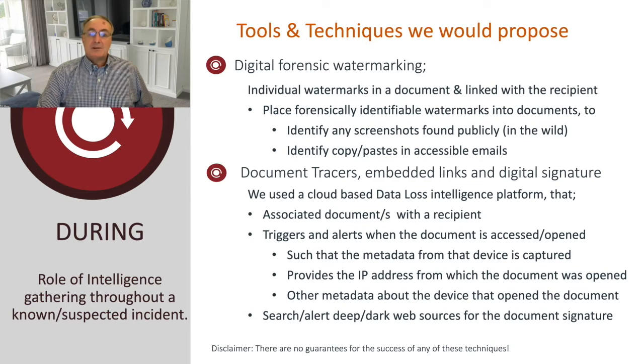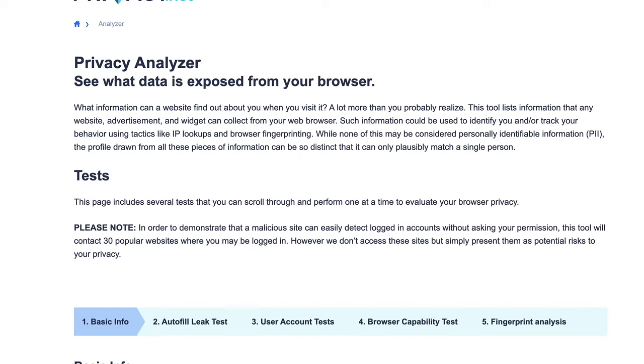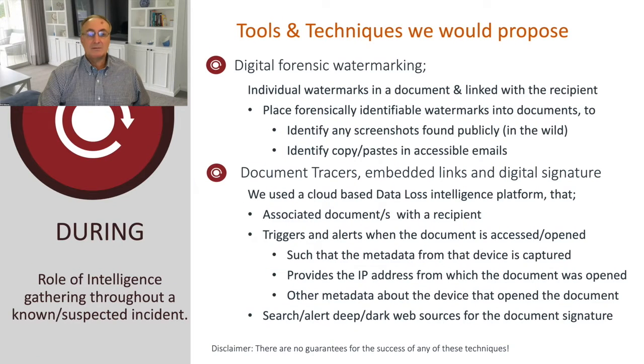That IP address gives us some geolocation information at a fairly high level, and we can potentially do some more analysis to get more accurate location. Other metadata is available from that device that opened the document. Again, go to the website privacy.net and you'll get an understanding of the type of information that's available.